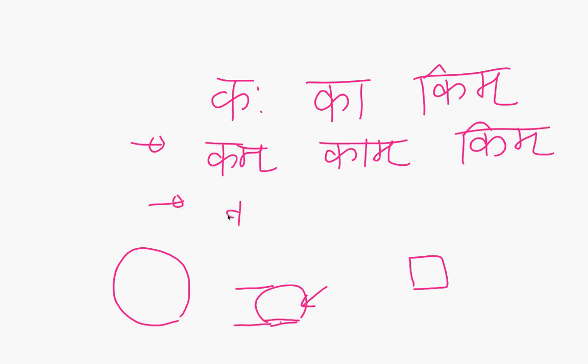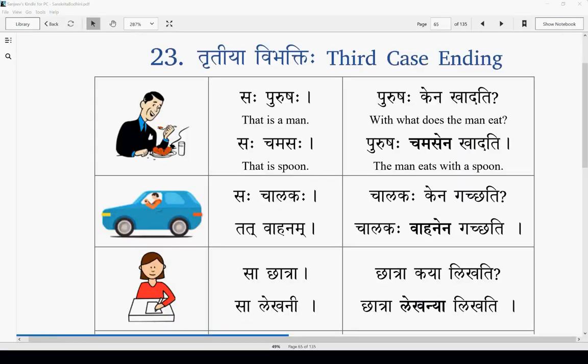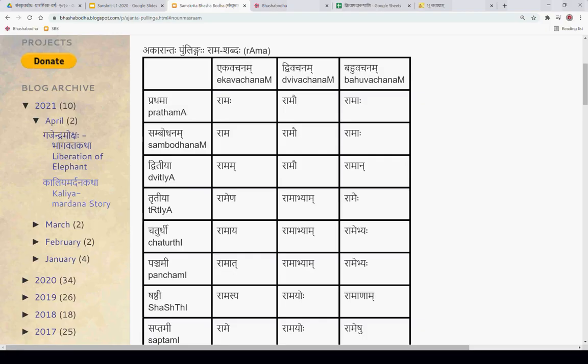And the Tritiya vibhakti question word has Kena, Kaya, Kena. So these question words also have their own tables, and if you want to refer to those tables, you can look at the table here.